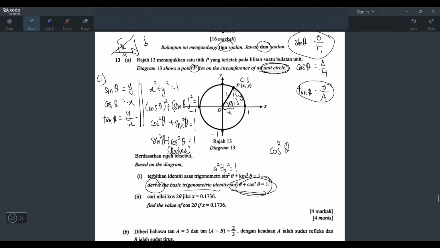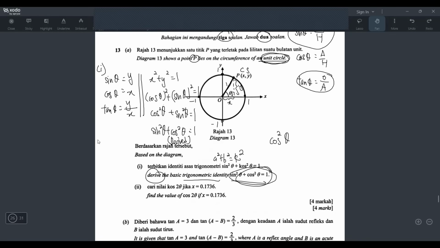Then I will use Pythagoras theorem, a square plus b square equals c square, and then everything divide c square becomes 1, and then try to substitute inside, and I will end up like this also. But that one is if the question doesn't give a diagram, then I will draw it myself. Okay, but for this question, I think I'll just do it like this. Yeah, this is good enough.